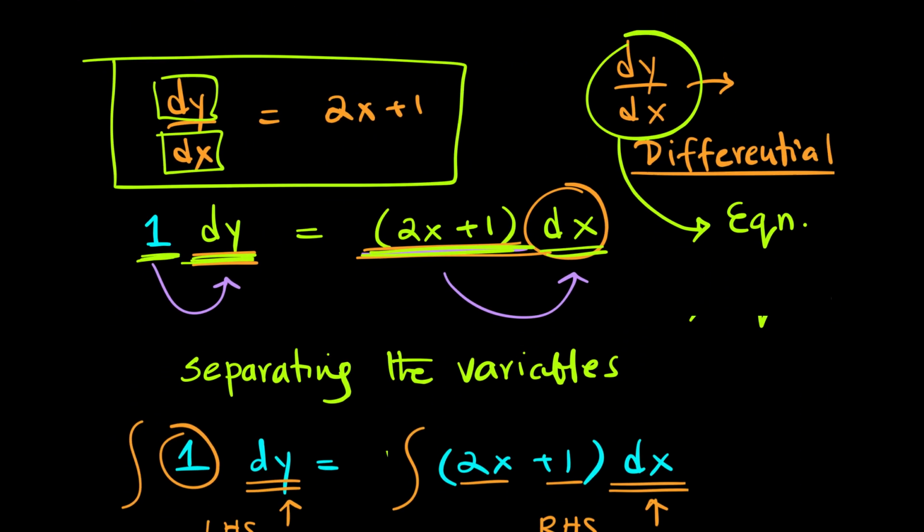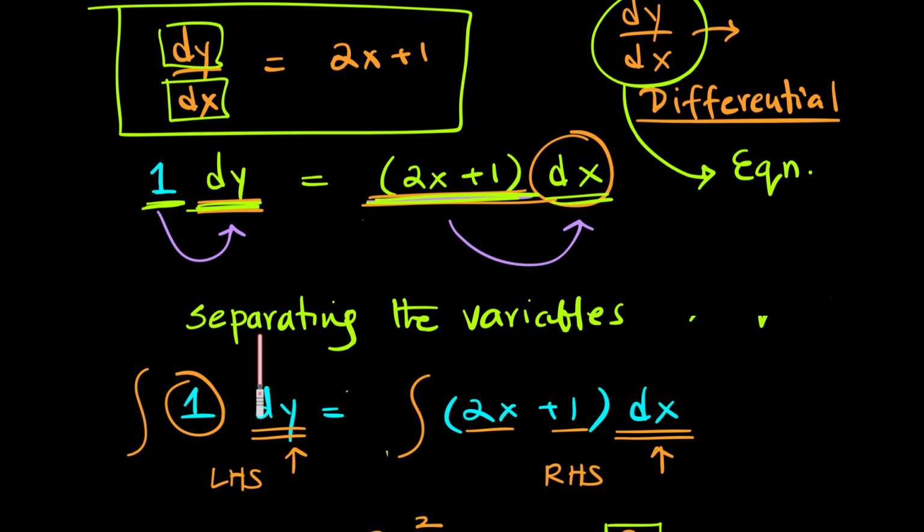The second step is about separating the variables. The x terms go with dx, the y terms go with dy. Integrate both sides with respect to their corresponding variable. Left hand side with respect to y in this particular question, right hand side with respect to x.